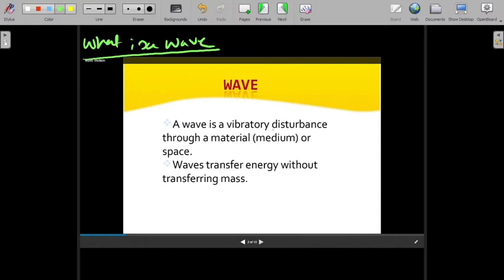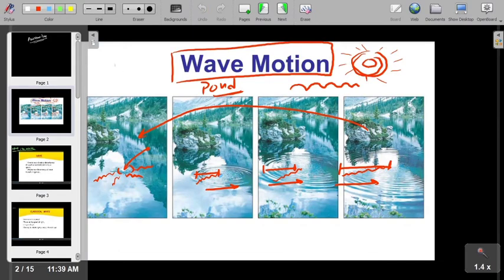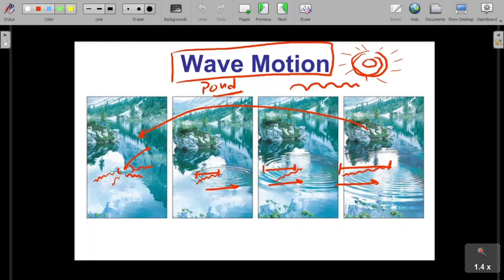A wave is a vibratory disturbance through a material medium or a space. Like I told you, this is nothing but the vibration of the water particles. This is the water, and if the wave passes like this, then these particles move like this. It means it vibrates, like when someone's phone vibrates.